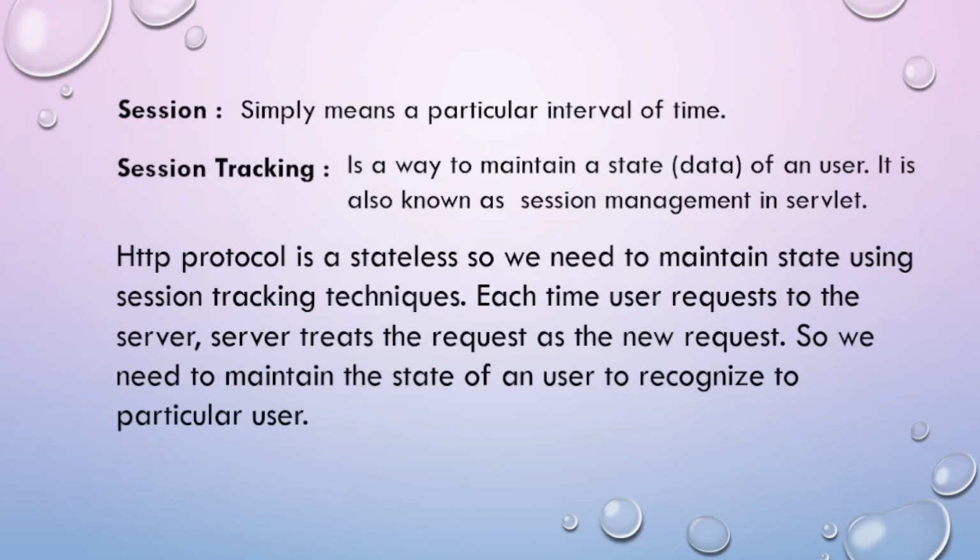HTTP protocol and web servers are stateless. What it means is that for a web server every request is a new request to process, and they can't identify if it's coming from a client that has been sending requests previously. But sometimes in web applications we should know who the client is and process the request accordingly.